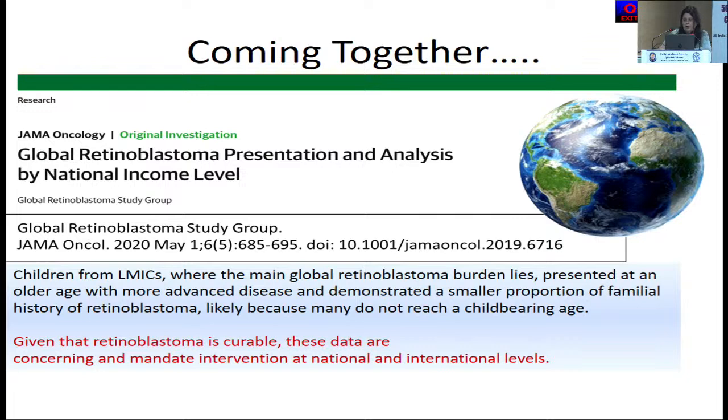Here, 143 countries came together with their data and pulled together and published this paper. And the main result of this paper was that given that retinoblastoma is curable, the data that is coming from the developing countries is concerning, and a lot has to be done in terms of awareness, and this mandates intervention at both national and international levels.